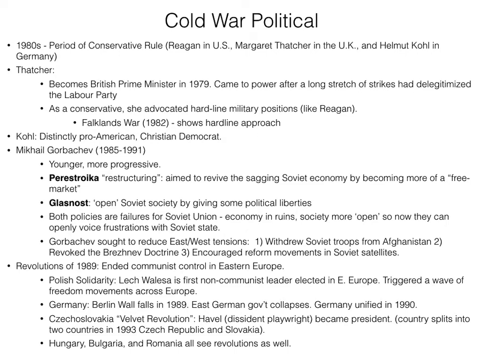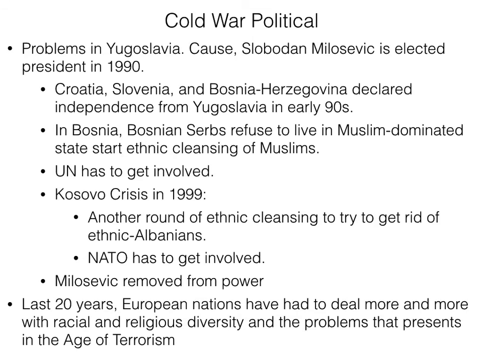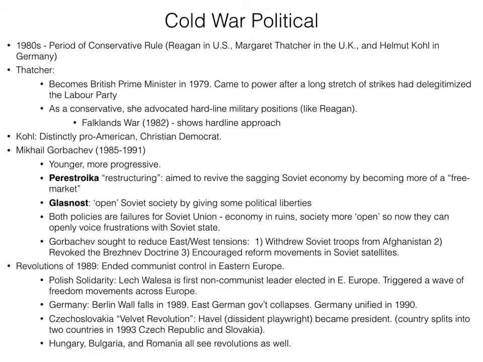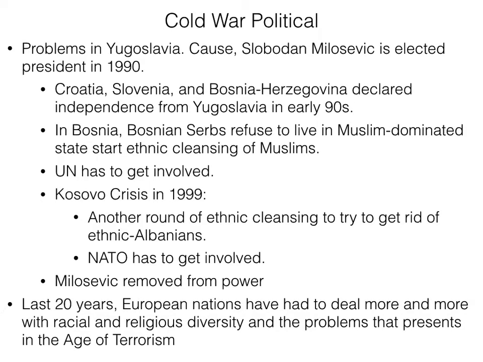The Berlin Wall is going to fall in 1989. The East German government is going to collapse, and Germany is going to be unified a year later. In Czechoslovakia, they had what's called the Velvet Revolution, because there was no actual fighting. Most Eastern European countries are going to get their independence in 1989 and 1990, and then the Soviet Union is going to come to an end in 1991. All right, so there's going to be problems in Yugoslavia though.